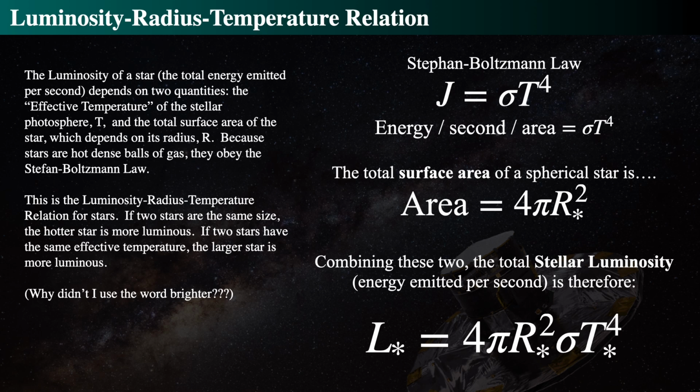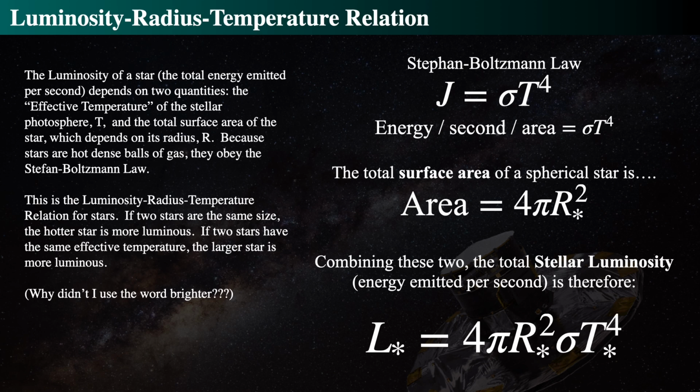So when you combine it, the total luminosity, meaning the total amount of energy emitted by the entire star per second, is dependent on the radius and the temperature. That 4 pi comes in because it's the surface area of a sphere, and the sigma is because it's the Stefan-Boltzmann law. So the luminosity of a star is proportional to the radius squared times the temperature to the fourth power.